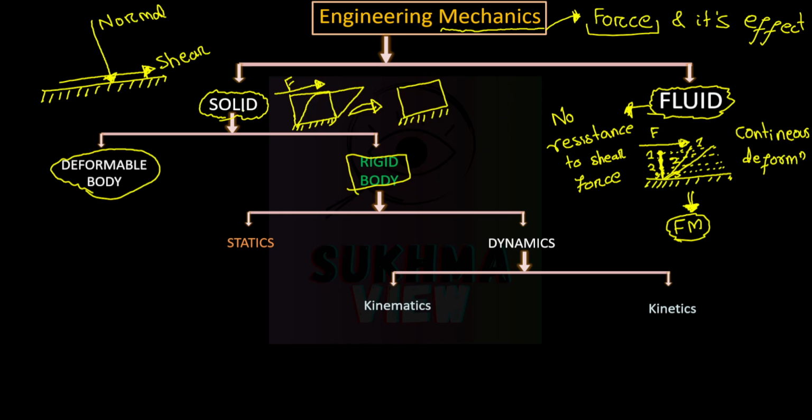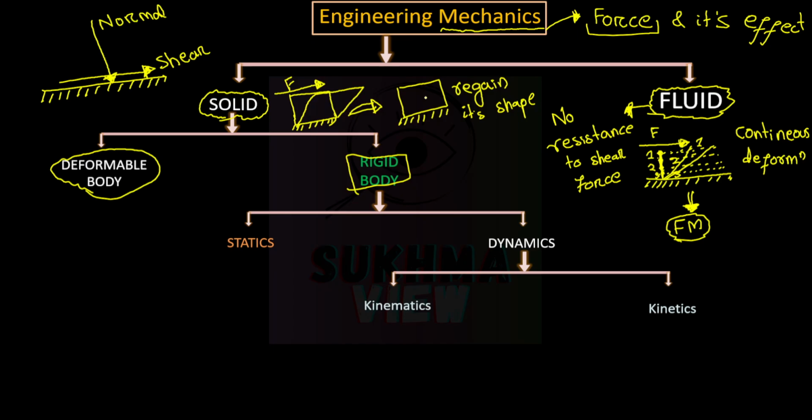What will happen in case of solid? Solid will try to regain its shape. Why is it trying to regain? Because it is resisting that shear force. The force we are applying aims to deform, but the solid is regaining its shape because it has the potential to regain its shape.